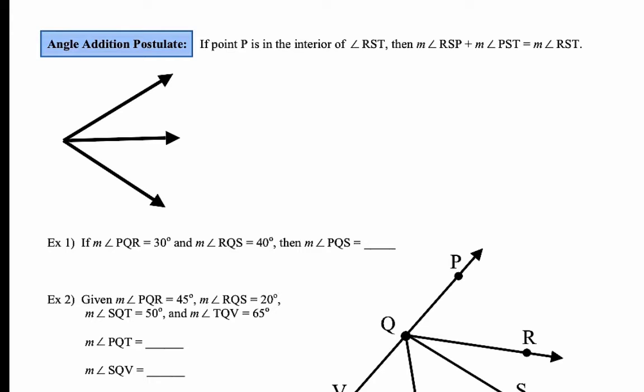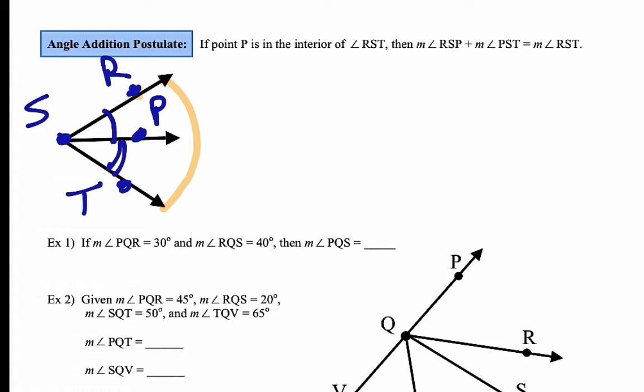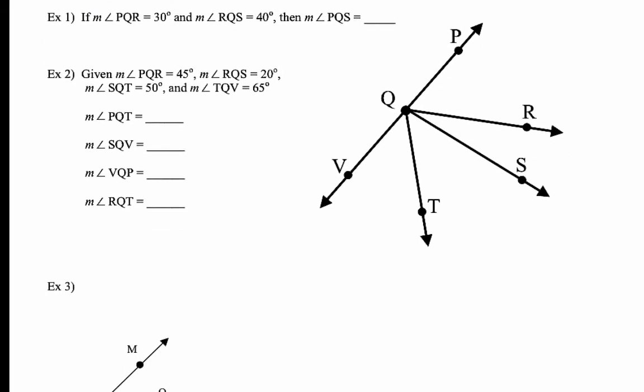It says if point P is in the interior of angle RST, and point P is somewhere on the interior, this is saying that the measure of angle RSP, this angle, plus the measure of angle PST, the other angle, should equal the entire angle from R to T, the whole thing. So in other words, the 2 pieces of that angle should add up to equal the whole thing. Pretty simple idea.